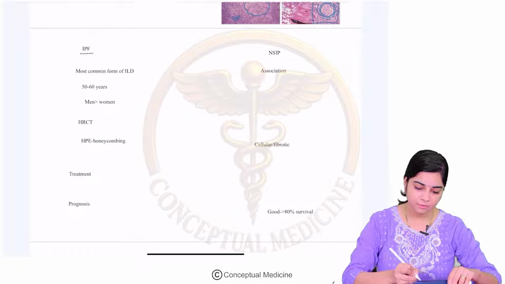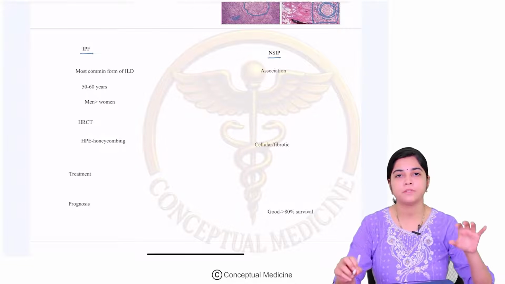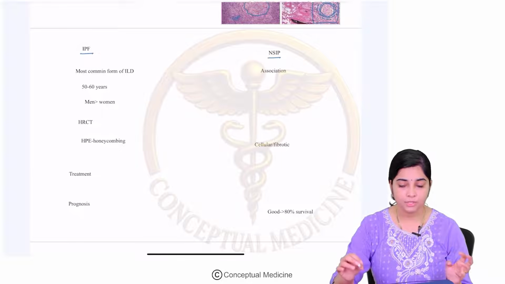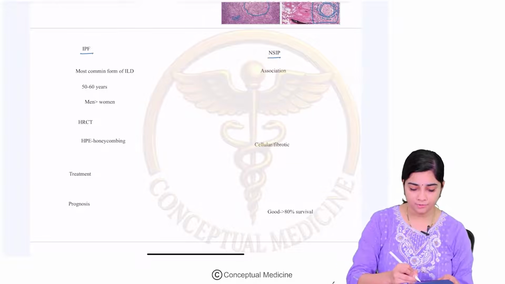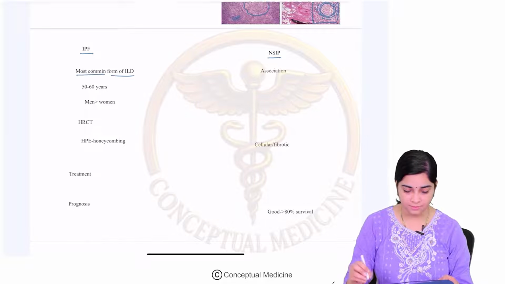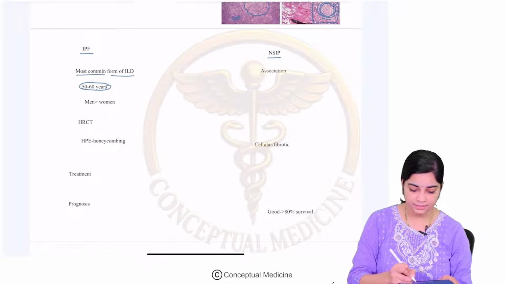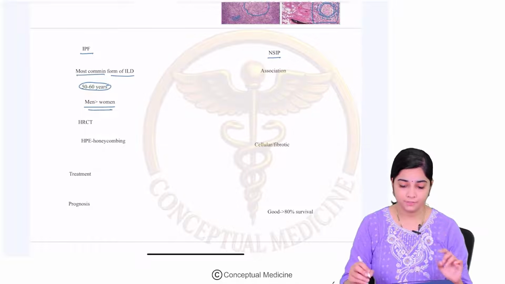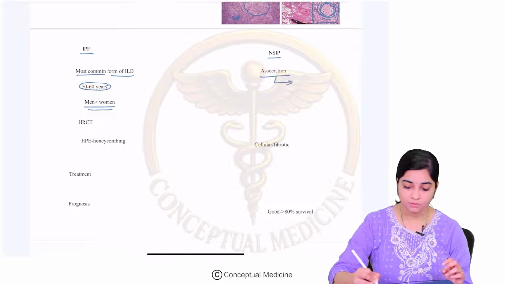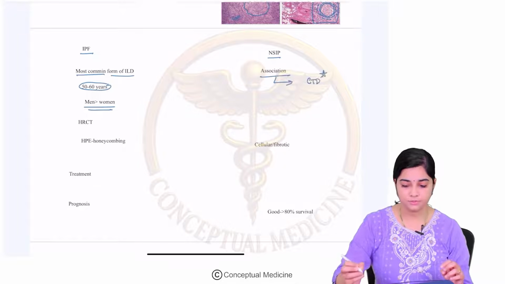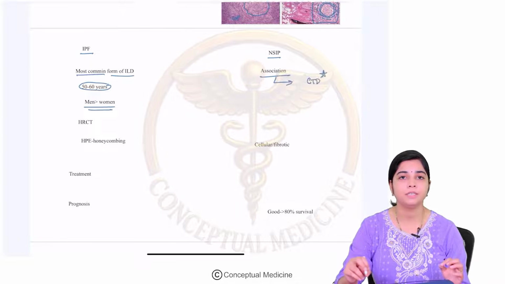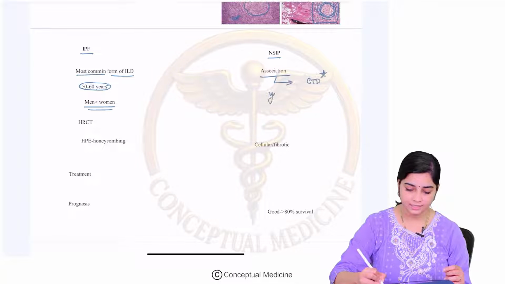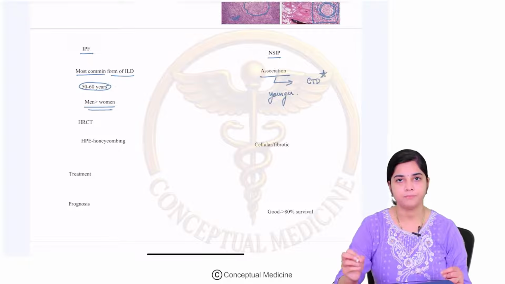So first and most importantly, we have to know how to differentiate between your idiopathic pulmonary fibrosis and your NSIP pattern. So like we have discussed before, the most common type of ILD is idiopathic pulmonary fibrosis. It's more common in the elderly and it affects men more than women. Okay, the NSIP pattern of ILD is more commonly associated with connective tissue disorders, and it is seen in the younger population.